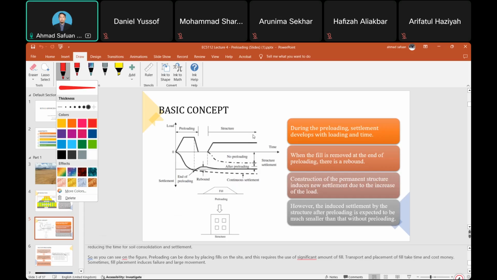Vertical drains can accelerate the process of consolidation. As you can see in the figure, preloading can be done by placing fill on the site. This requires the use of significant fill, and transportation and placement of fill take time and cost money. Sometimes fill placement induces failure and large movement.